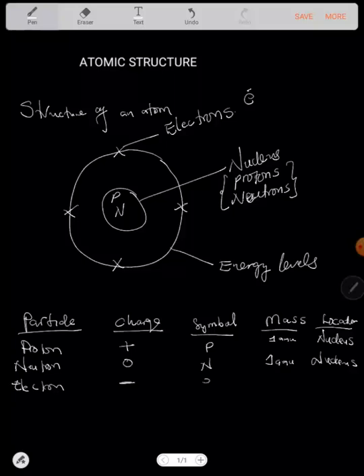The symbol is E with the negative on top. The mass is 1 over 1840 mu. Location is the shells or the energy levels. The shells are also known as energy levels. This is very important to know.